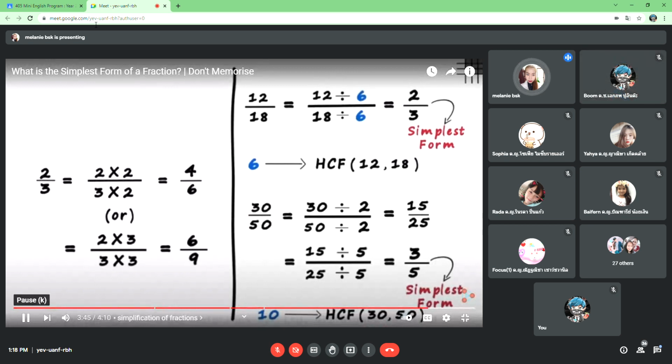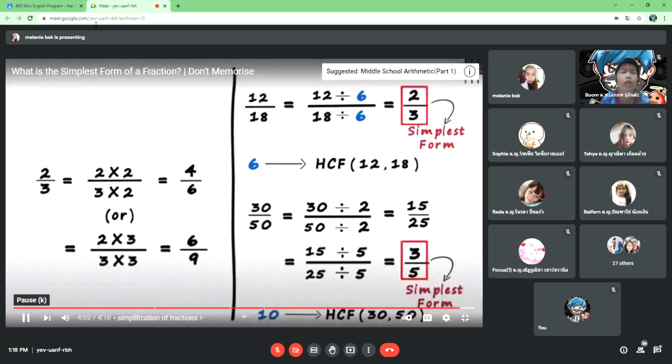It is always recommended that you first find the HCF and then divide the numerator and the denominator by it just once, instead of performing division many times. This is also called the simplification of fractions.